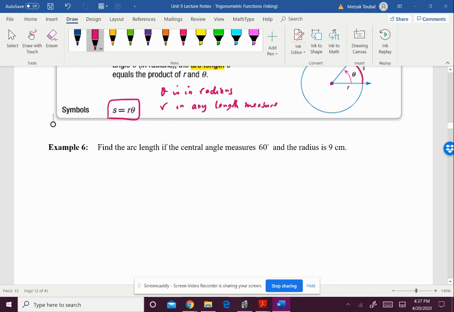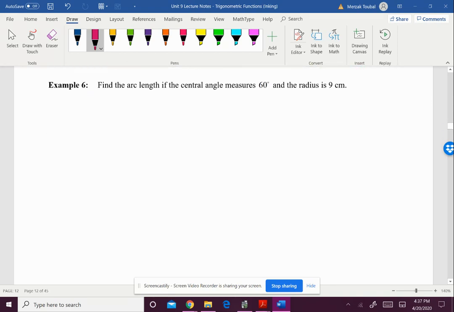Example 6 says find the arc length if the central angle measures 60 degrees and the radius is 9 centimeters. The formula says S equals R times theta.